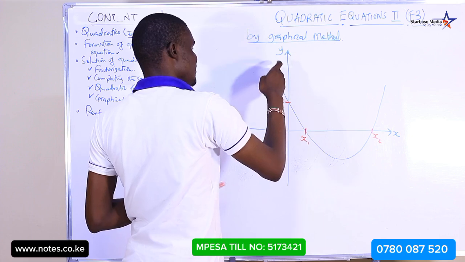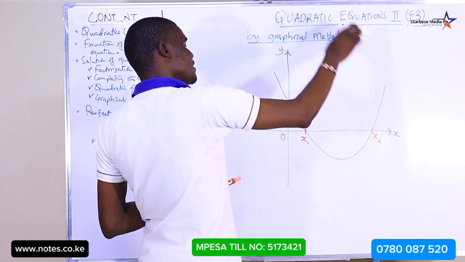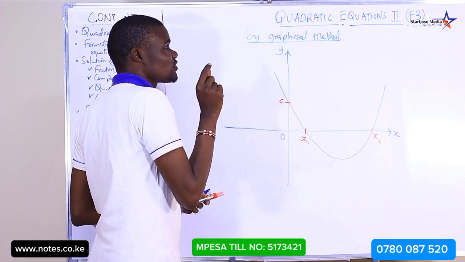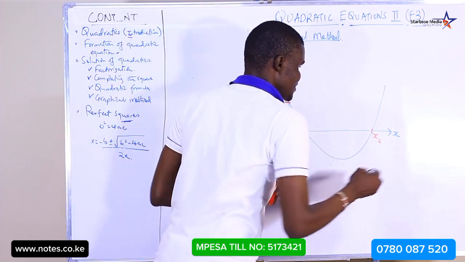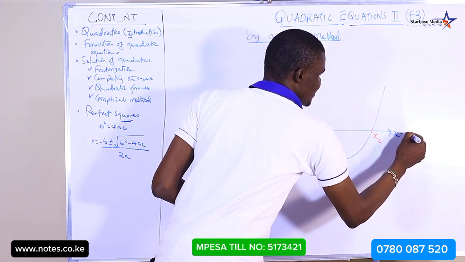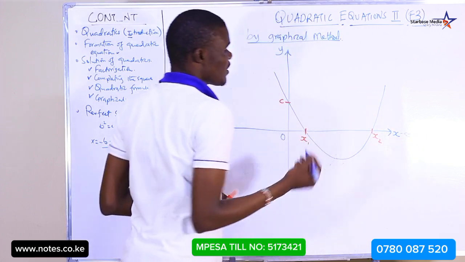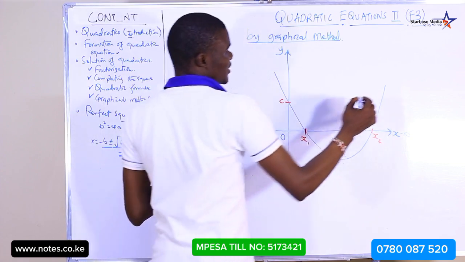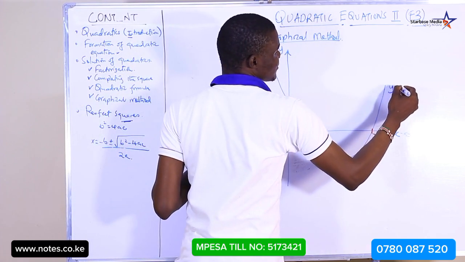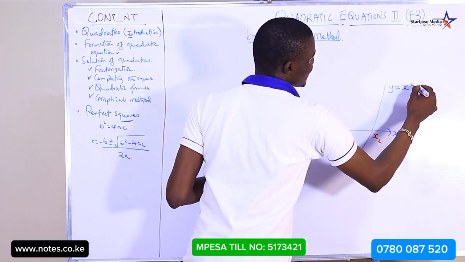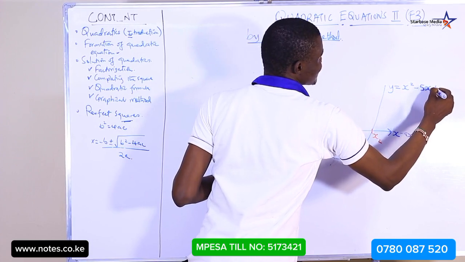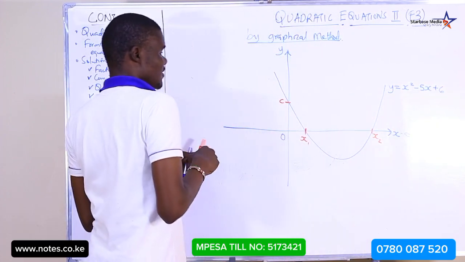So basically, this is how a graph looks like. So for you to get the solution, you simply make your readings on the x-axis. So meaning, if I was told that this graph is y is equals to x squared minus 5x plus 6, then I'm told to get these points here.